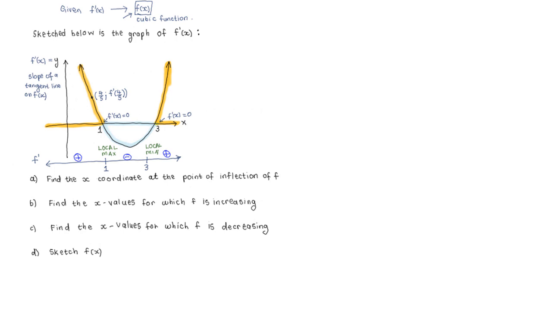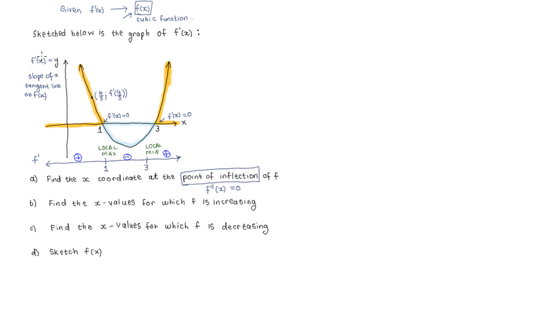Now, we know that a point of inflection would occur when f double prime, the second derivative, is equal to 0. Notice that the second derivative of our original function f of x is the first derivative of our f prime of x function.